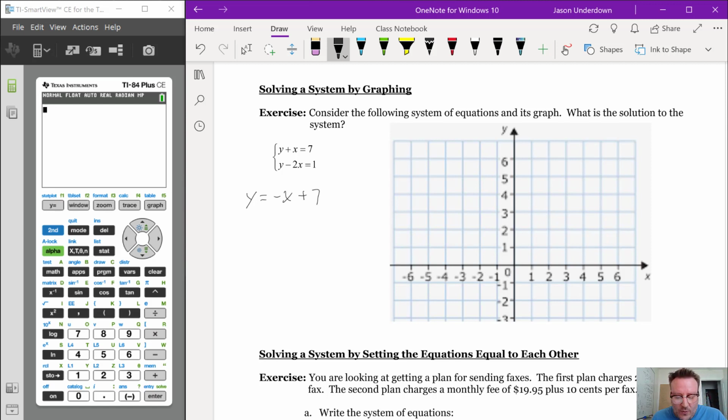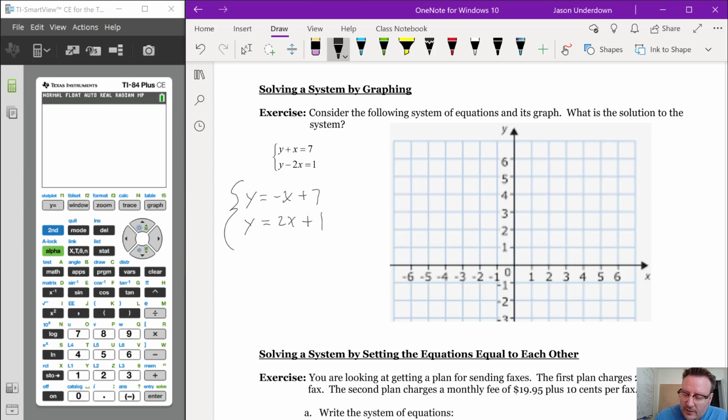The second equation, if I add 2x to both sides, I get y is equal to 2x plus 1. Okay, so this is an equivalent way of writing the system, but now it's going to be much easier for us to graph the lines that correspond with each equation.